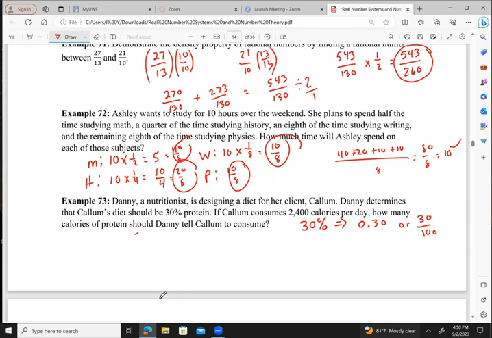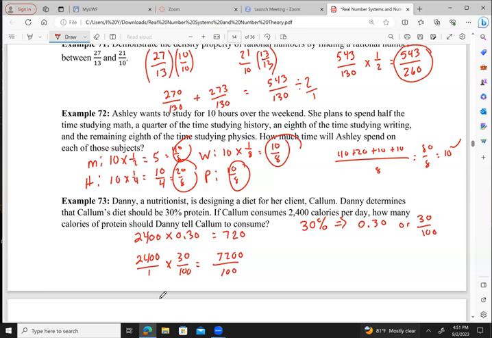So using my calculator, I can do 2,400 times 0.30. Doing it by hand, I can do 2,400 with an understood denominator of 1 times 30 over 100. So 2,400 times 0.30 equals 720. 2,400 times 30 equals 7,200 over 100.